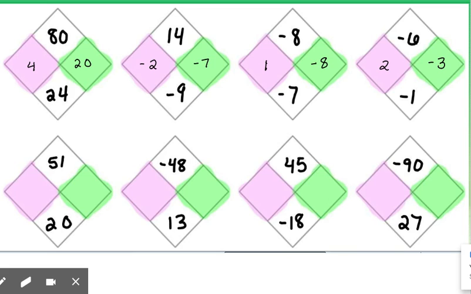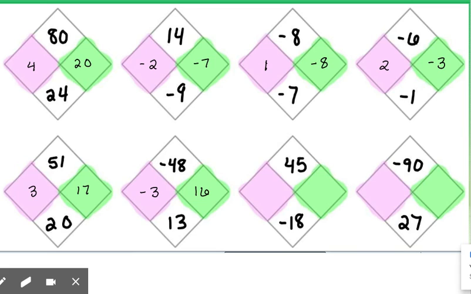For the fifth one, I should have 3 times 17. 3 times 17 is 51. 3 plus 17 is 20. For number 6 here, I should have negative 3 times 16. Negative 3 times 16 is negative 48. Negative 3 plus 16 is 13.